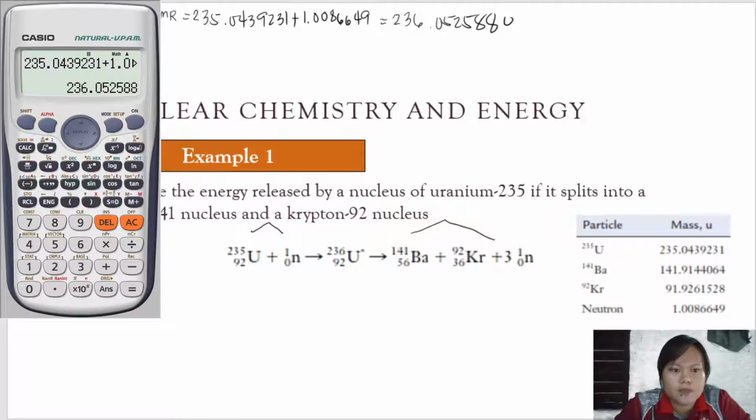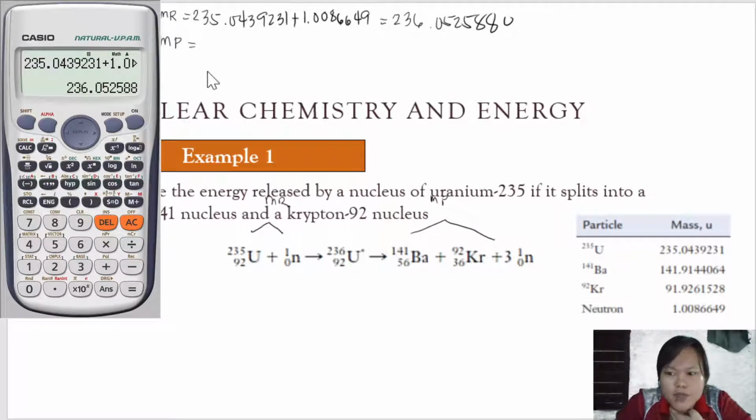Next, we'd get the mass of the products. The products are these. So again, this is your reactants, this is your product. Get the mass of the product.